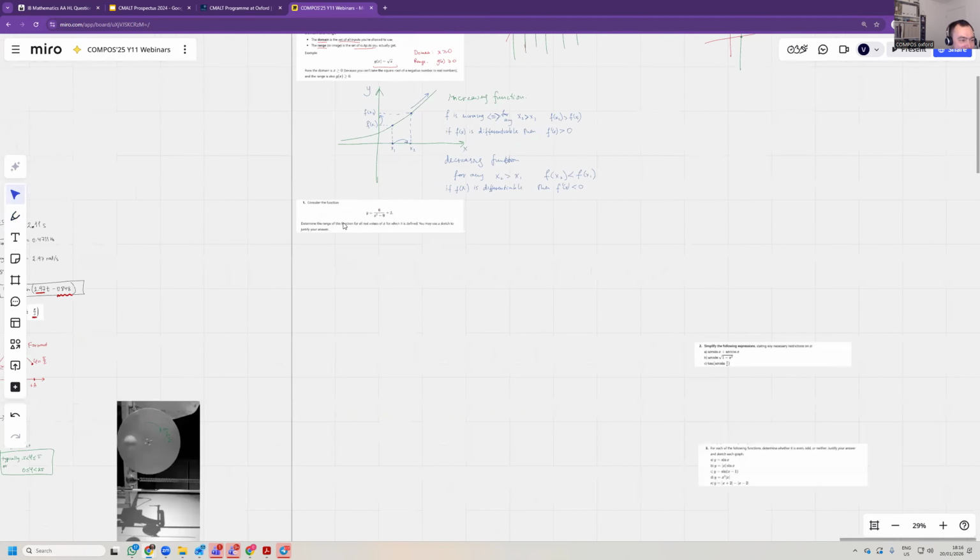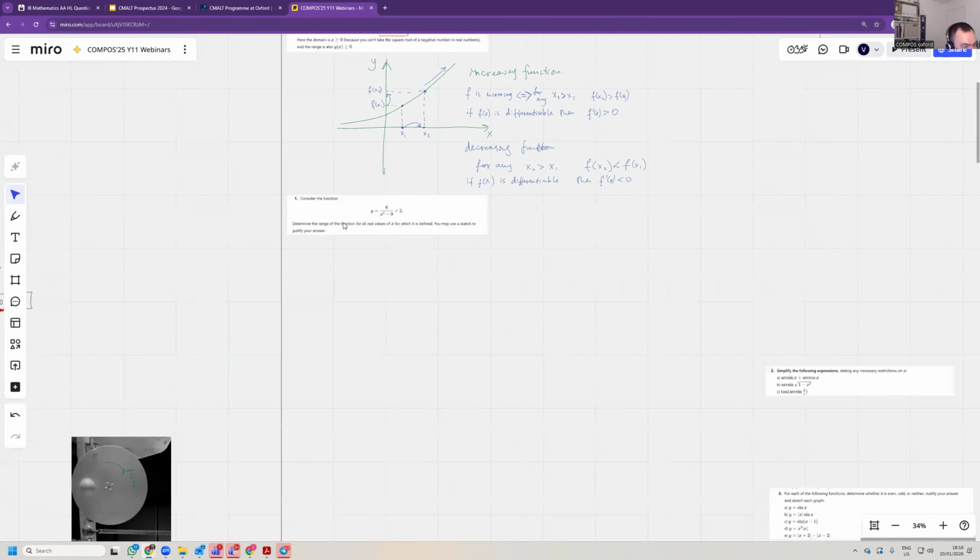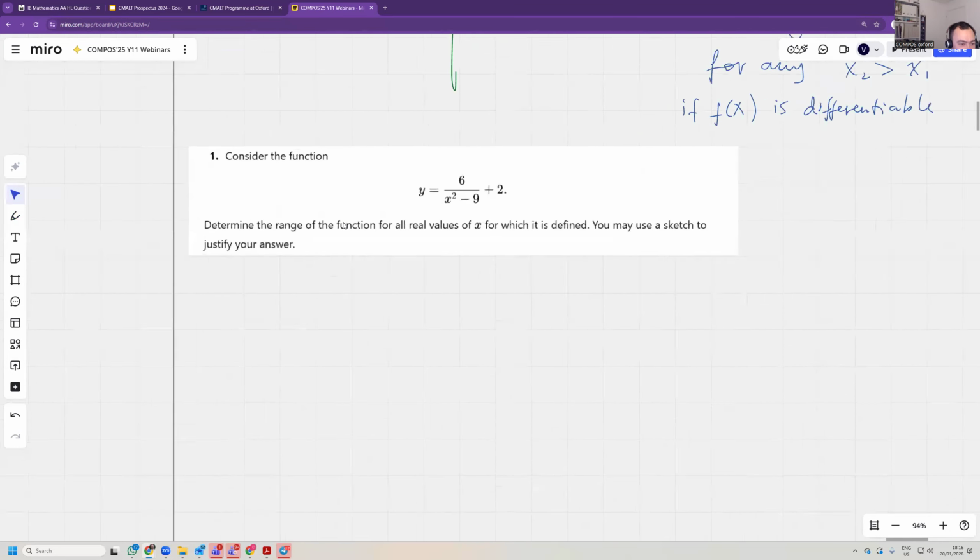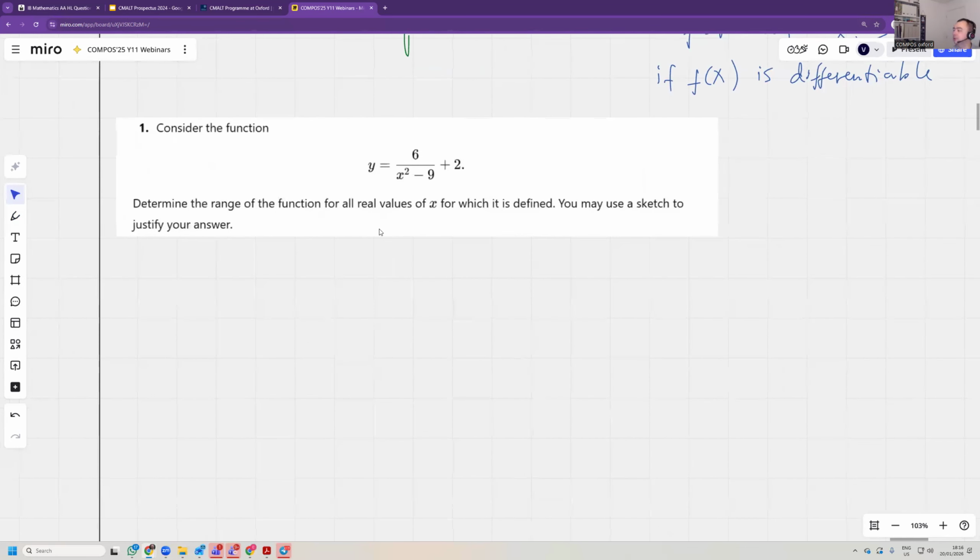Okay, so we have a function. Determine the range of the function. But before we even begin, we would like to talk about the domain. When you think about the domain of a function, what can you put in instead of x? Well, you can put anything as long as you're not dividing by 0 in this particular case.